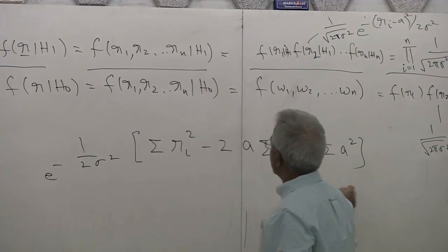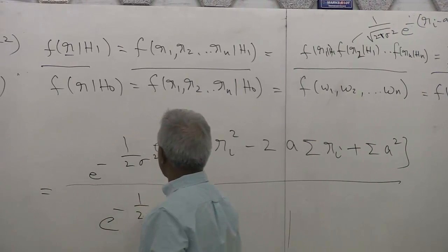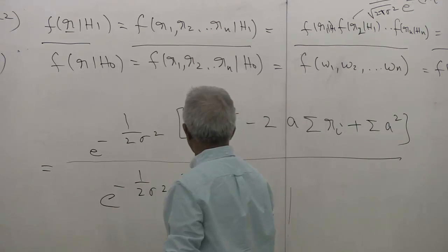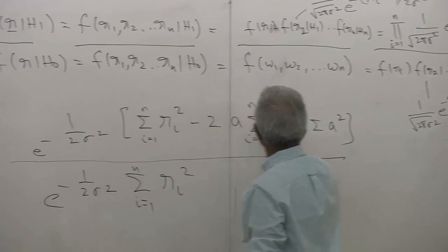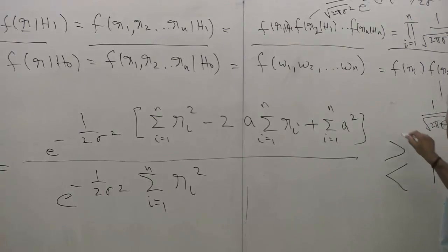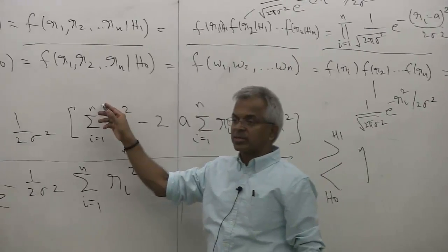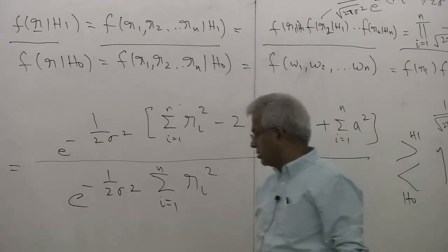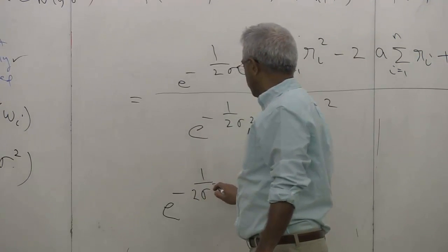And the denominator is e to the power minus 1 over 2 sigma squared summation Ri squared, right? You see, this term cancels with this. The first term is exactly the same. So we end up with e raised to minus 1 over 2 sigma squared.